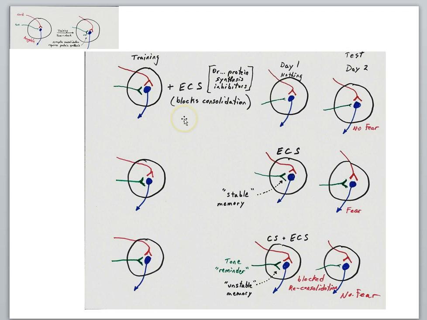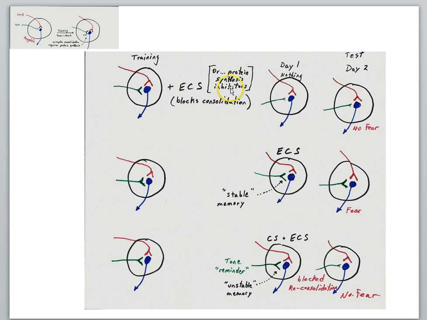Okay, so now let's take a look at the scenario, the groups that were presented in that study. So let's say we've trained the animal, tone, shock, tone, shock, tone, shock, but we give ECS right after the original training. Now here we're going to have the tone pathway as large here, but that's the early phase LTP. In order to get late phase LTP, you have to have protein synthesis, right?